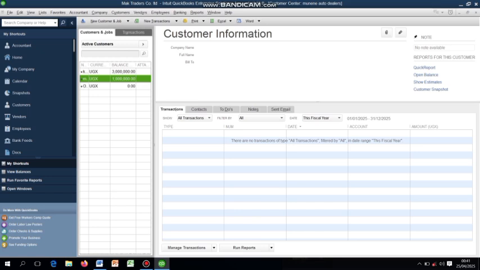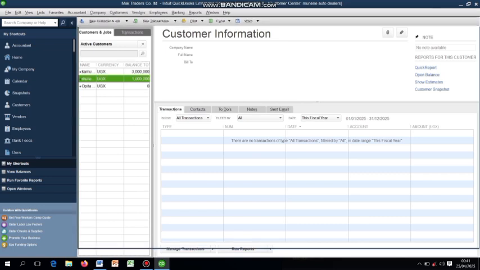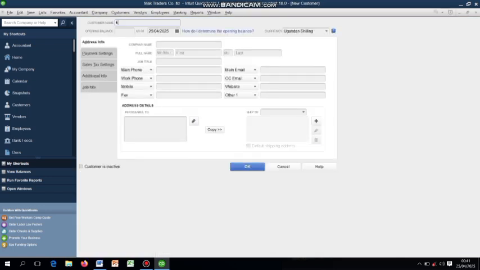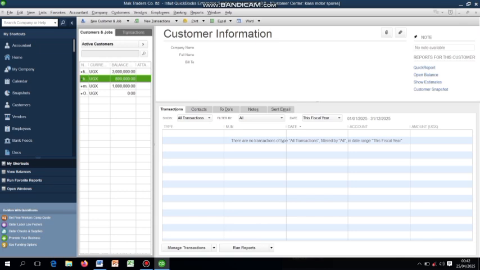So we have our last customer, and his class is motor spares. That's Motor Spares. His opening balance is 800, as of the first. I'll check the currency. Yes.